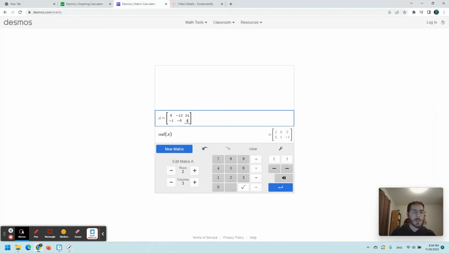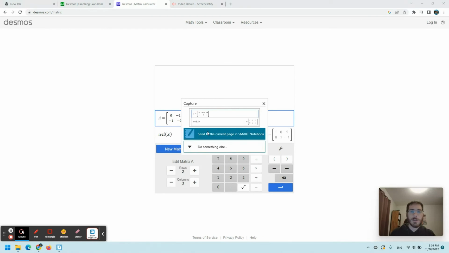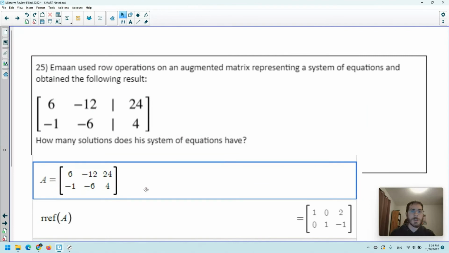All right, so this gives us our result. And so we know what the answer should look like. So the answer is this matrix right here.